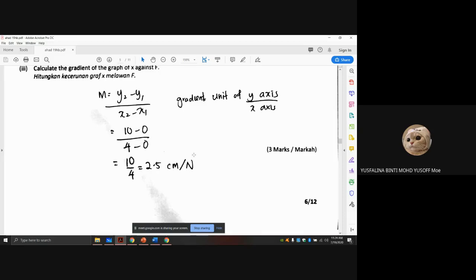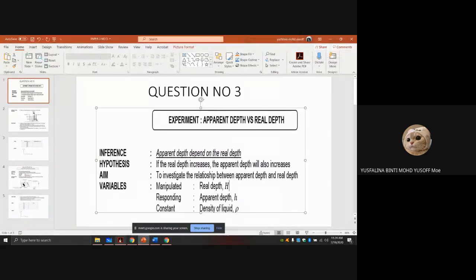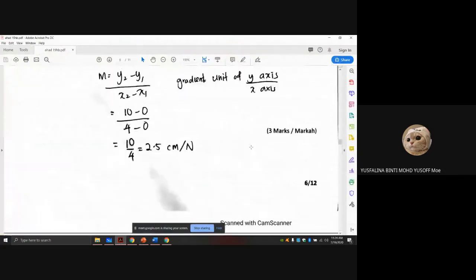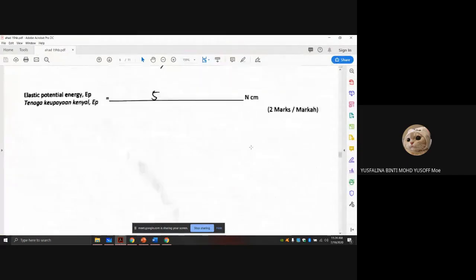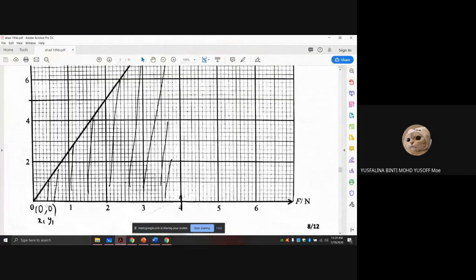And before I forget, there's one thing you have to do in your graph. See, I labelled the coordinates. So make sure you label the coordinates of the points you take for the gradient.